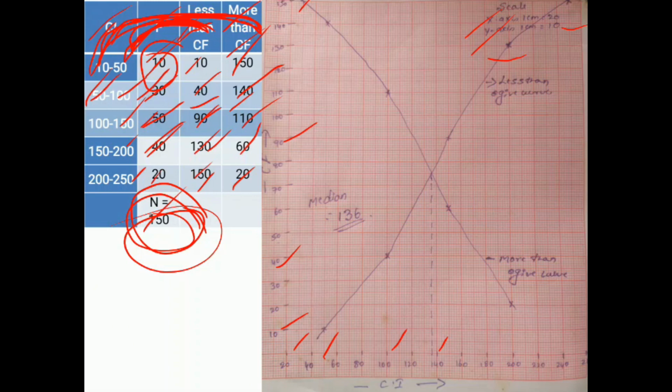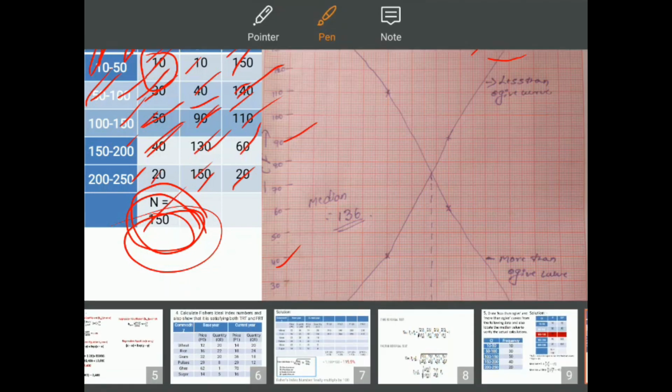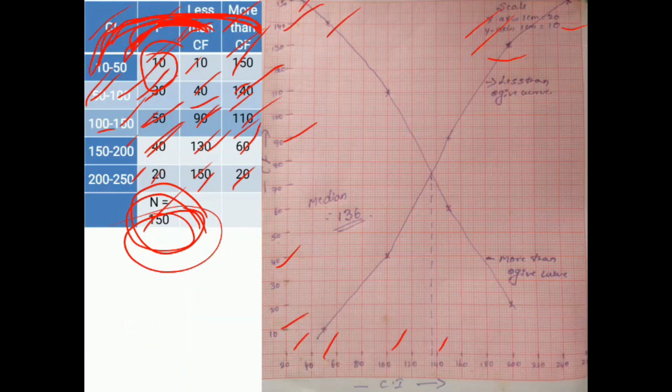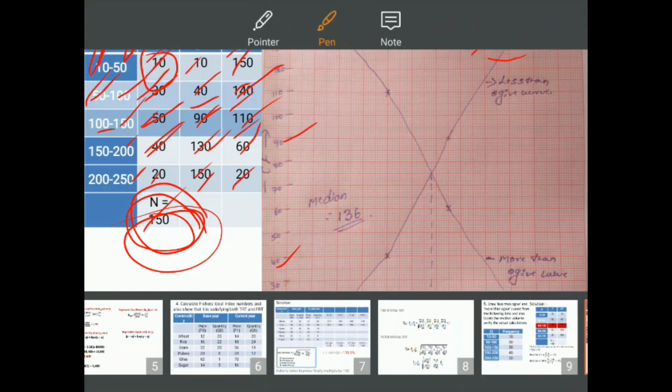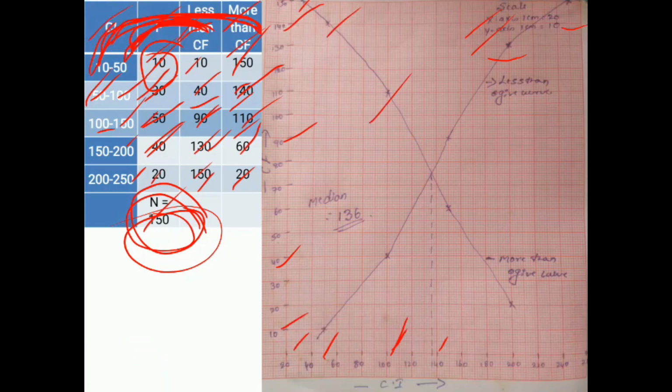For 50 it's 140. This is the second point. 100, 110. 100, 110 is your y-axis. Similarly, 150 and 60, 200 and 20.